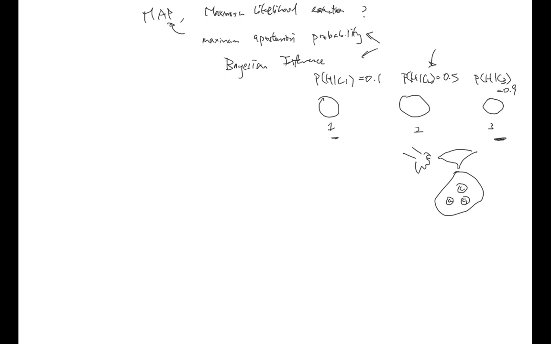So the question is, how do I estimate which coin I actually picked?